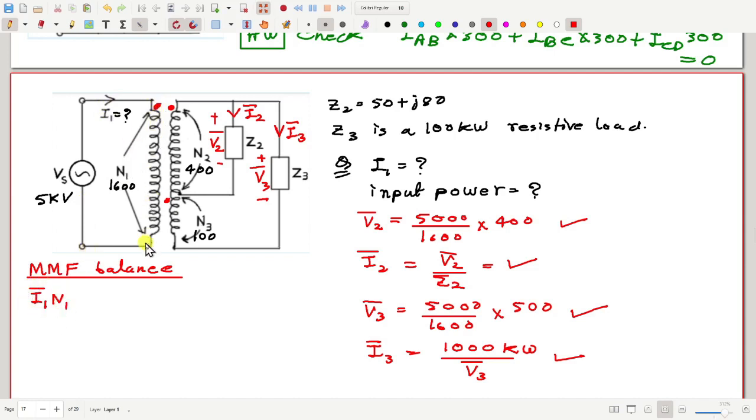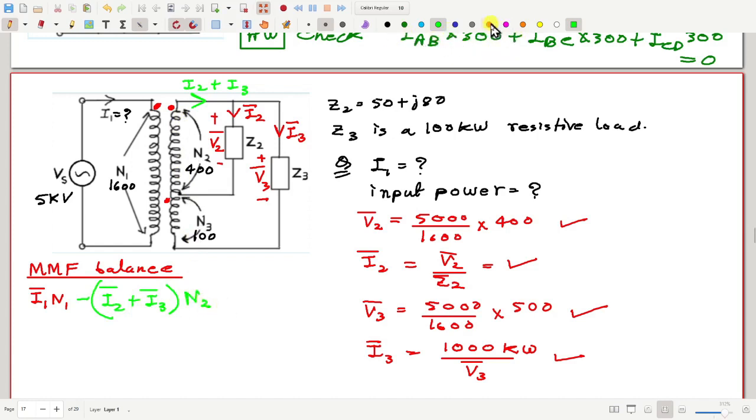Now, how much is the MMF produced by this portion of the coil? How much current is flowing here? That is I2 plus I3, and this current is going away from the dot. So I write minus (I2 plus I3) multiplied by this portion N2.